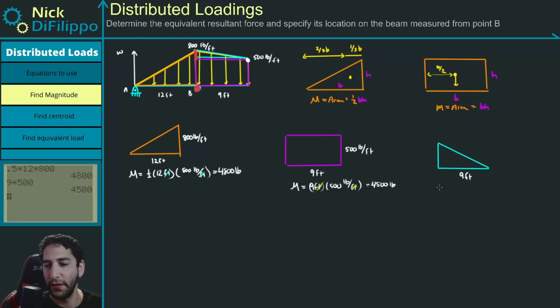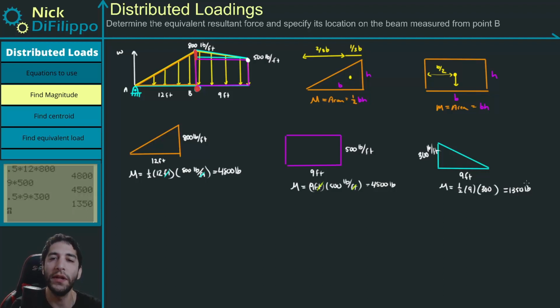So this magnitude is going to be 1/2 of 9 times this, which we said was 300 pounds per foot. So 1/2 times 9 times 300 is going to be 1,350 pounds. So now we have the magnitudes of all of these distributed loadings. We just need to figure out where they actually occur.